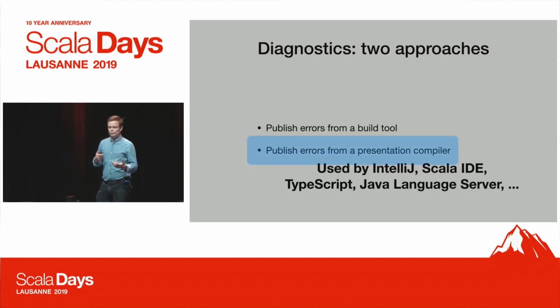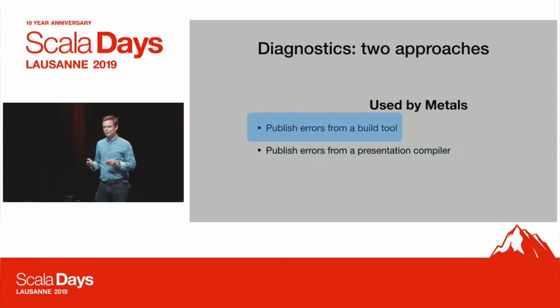The presentation compiler approach is pretty much the industry standard. It's used by IntelliJ, Scala IDE, TypeScript, Java language servers. So Metals uses the one from the build tool. I'm going to explain why we do that and why I think it actually has really nice properties.